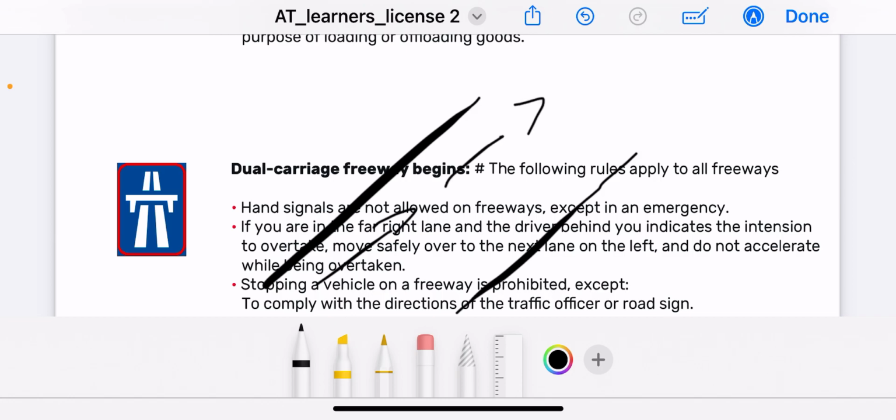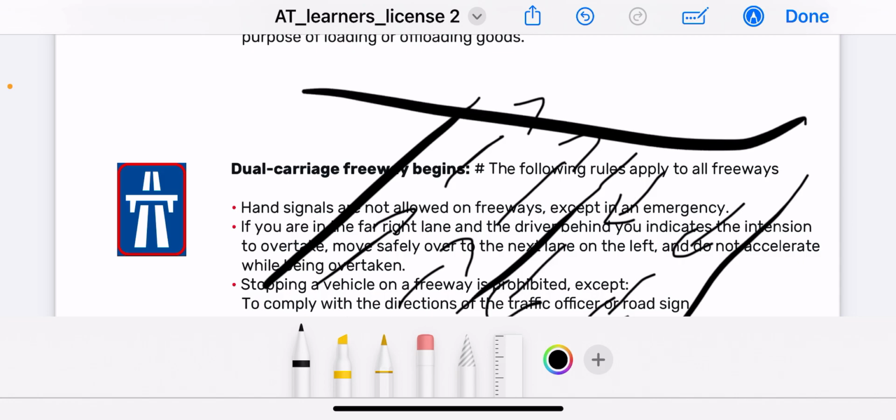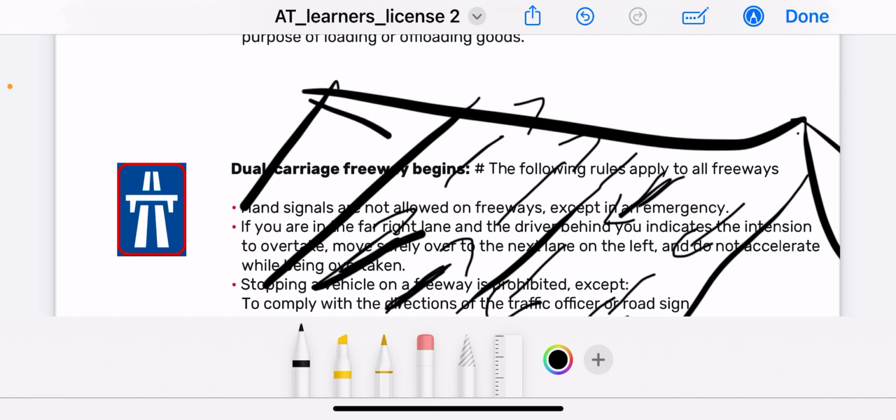Traffic going there, another lane of traffic going there, maybe even three, four, 5 lanes, whatever. And then you have another one coming this side. You see? This is dual carriage because you have traffic going that direction and traffic coming back.